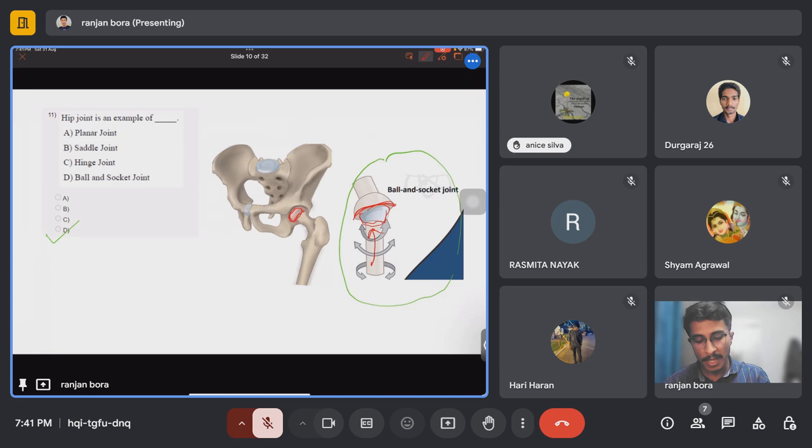So the head of the femur acts as a ball, and the cavity of the pelvis acts as a socket. The femur can have movements similar to ball and socket. That's why it is an example of a ball and socket joint.